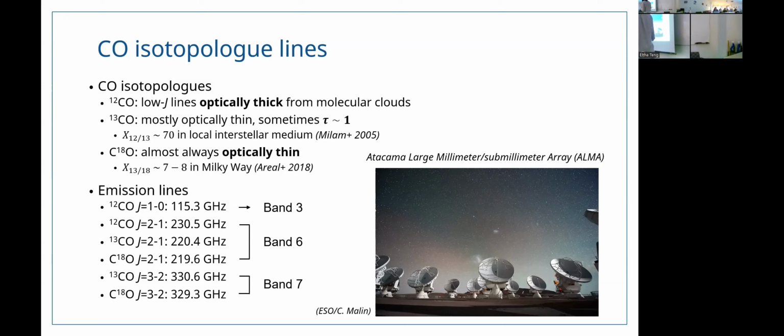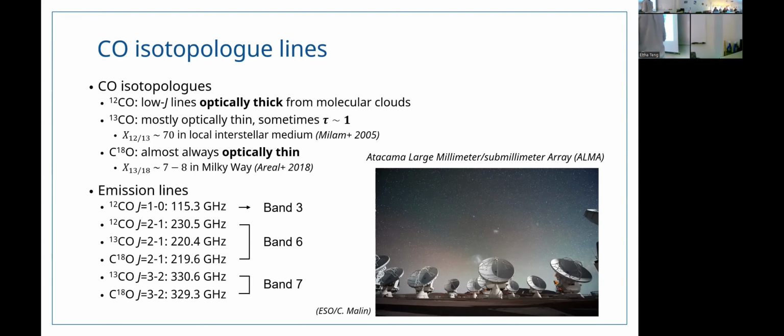This 12CO line is usually very bright and optically thick in molecular cloud observations. But there are also rare CO isotopologs like 13CO or C18O. For example, for 13CO, the abundance is usually one or two orders of magnitude lower than the typical 12CO. And C18O is even less abundant than 13CO.